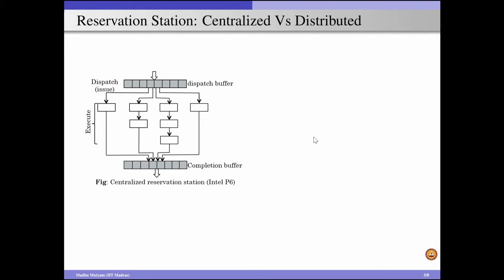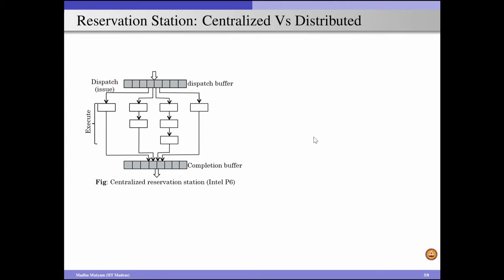The centralized reservation station is typically implemented in Intel processors, and this example is for the Intel Pentium Pro, which has a centralized reservation station. So once we have a centralized reservation station, we combine our dispatch stage as well as the reservation station together.